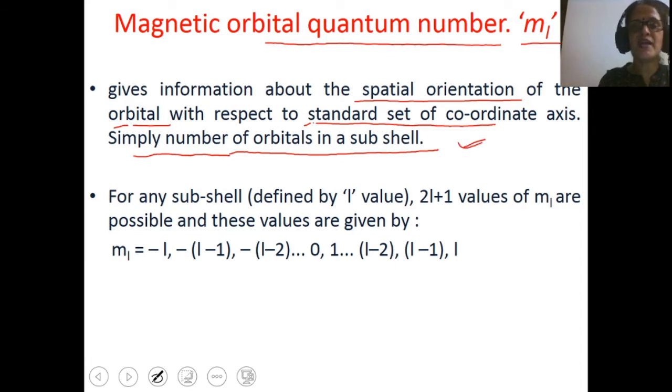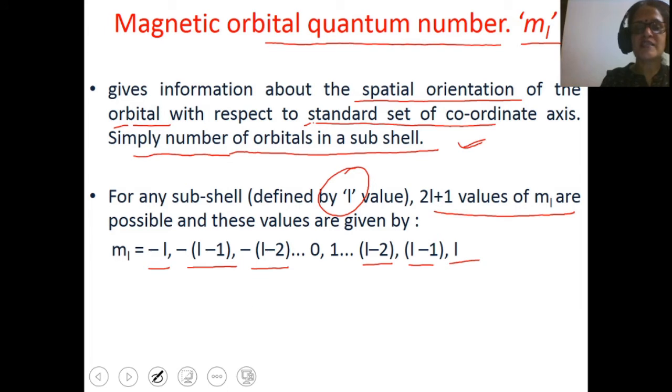We have already discussed that subshells are defined by the value l. For any subshell, 2l plus 1 values of ml are possible, and these values can be represented as minus l, minus l plus 1, minus l plus 2, through 0, 1, l minus 2, l minus 1, and finally l.